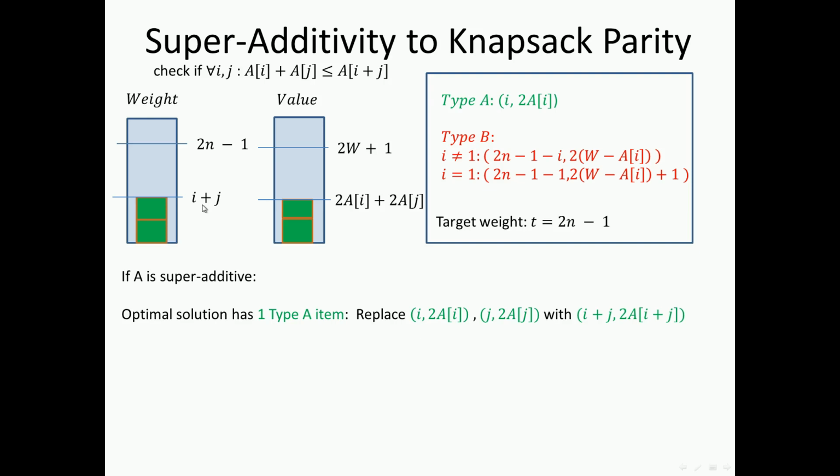So the weight remains i plus j, but the value is not decreased because of the super-additivity, because 2 times a_i plus 2 times a_j is not more than 2 times a_(i+j).